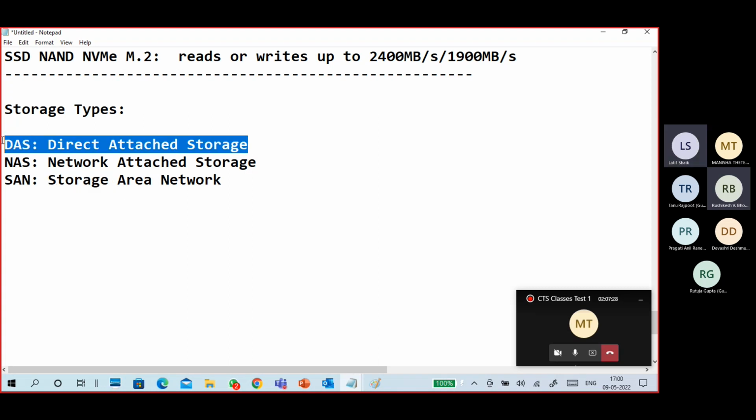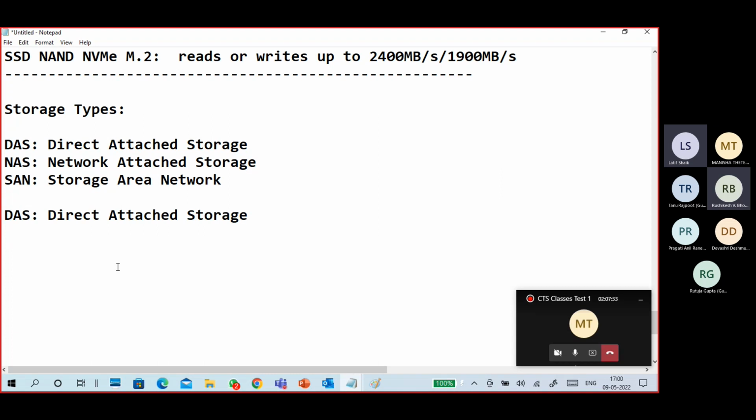Direct attached storage, guys, is normally our laptops, our desktops, our servers. We have a hard disk attached to the motherboard.